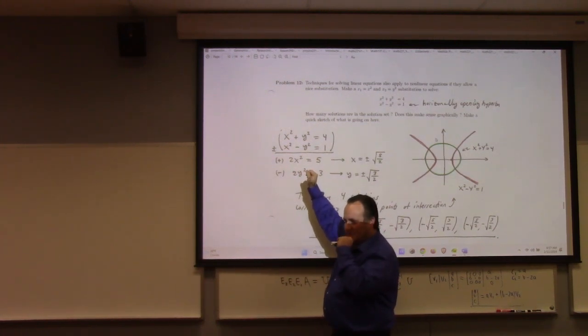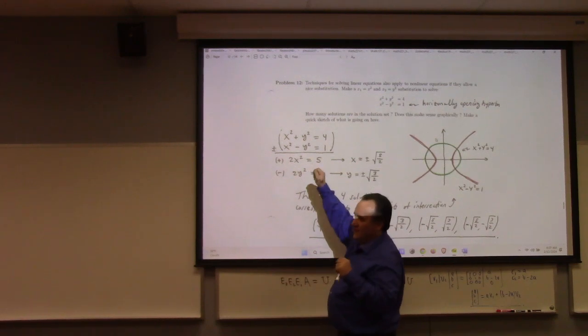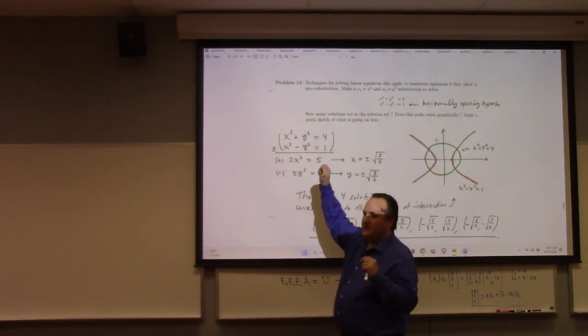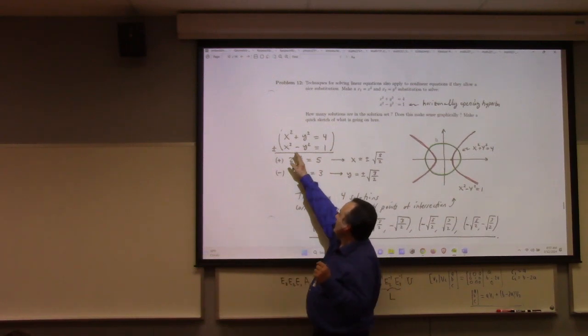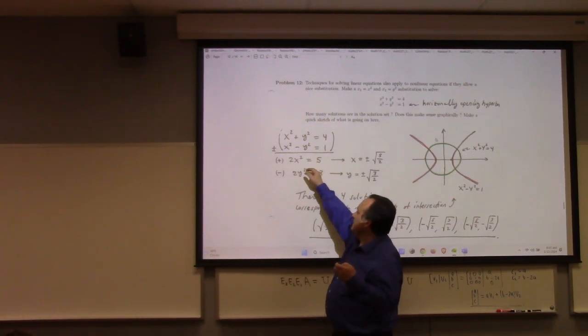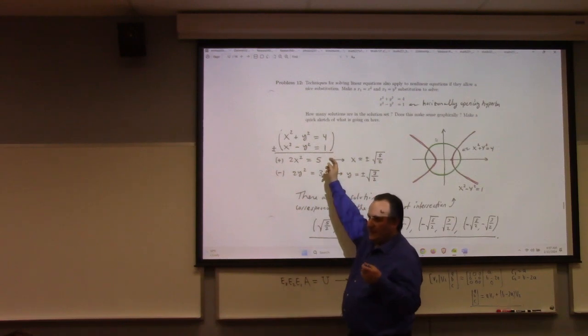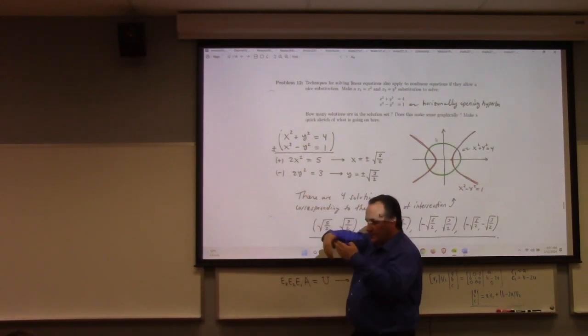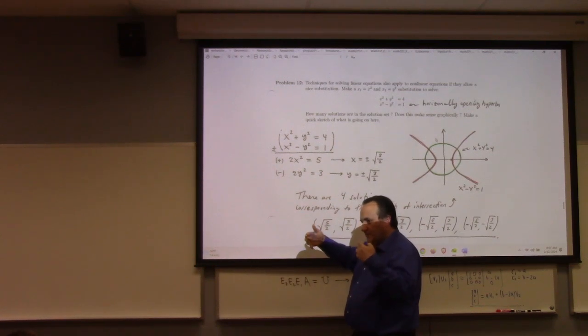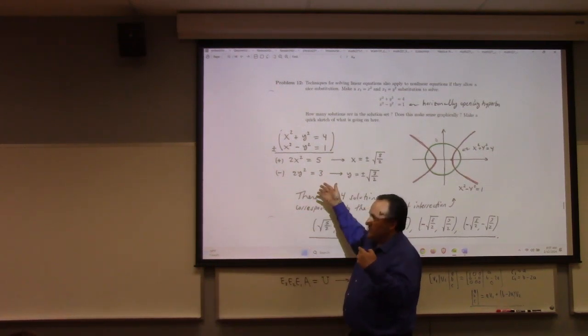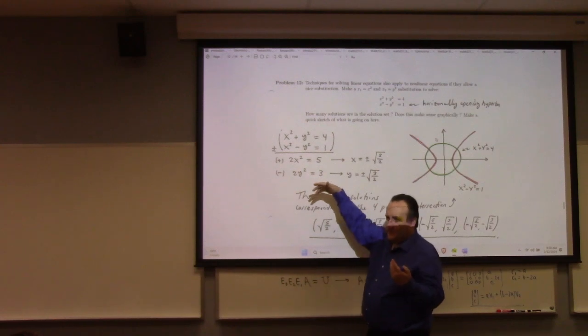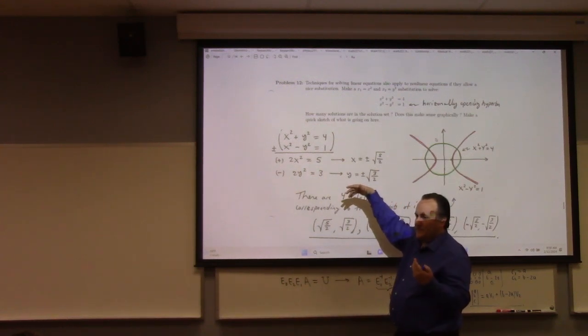It would be equivalent to saying y1 equals x squared, y2 equals y squared. Then this would be y1 plus y2 equals 4, y1 minus y2 equals 1. Then I'd have a linear system in y1 and y2, which I could use linear methods for. But rather than doing that in the homework solution, I just added directly because I thought it was more to the point. Maybe that substitution isn't really needed.